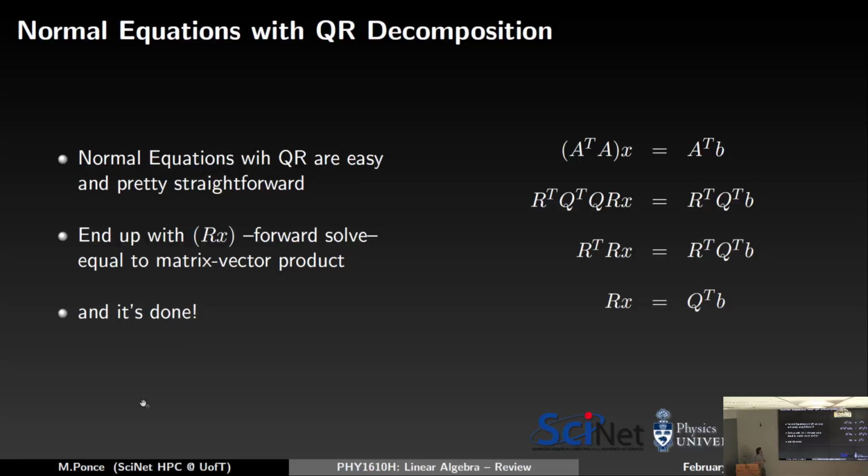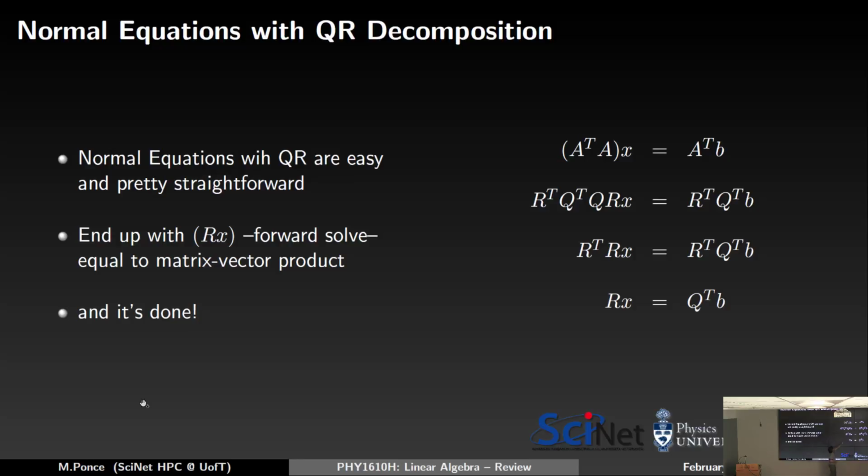So if we come back to the equation, and I rewrite A as QR, the transpose reverses the order of the product, so I end up with R transpose Q transpose. Because Q is orthogonal, the transpose of Q is the inverse of Q, so that is the identity.